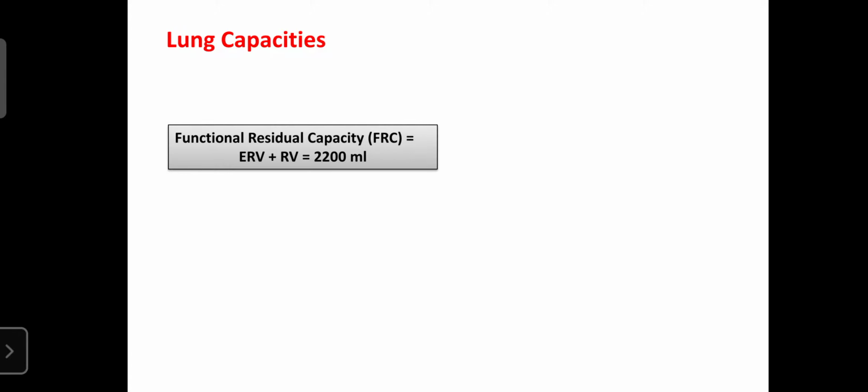The third lung capacity is the functional residual capacity, denoted as FRC. It is calculated as the expiratory reserve volume plus the residual volume, and the normal value is 2200 ml.